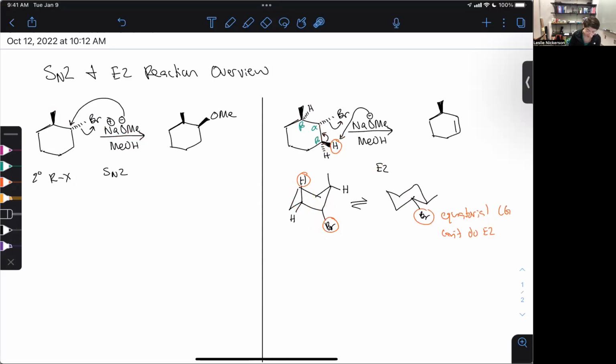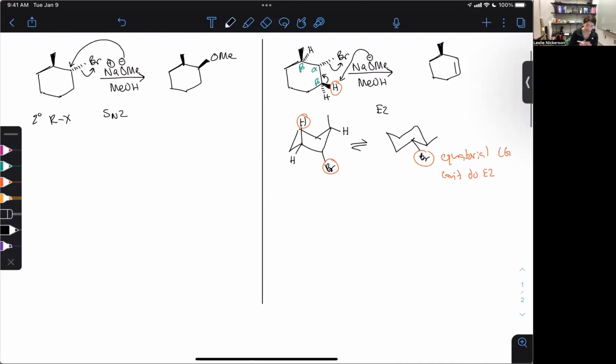Now that we have the reactions drawn out, let's go through and note down some of the similarities. The first thing that I want to look at is the reaction coordinate diagram of these two reactions. I'm just going to draw a reaction coordinate diagram real fast.